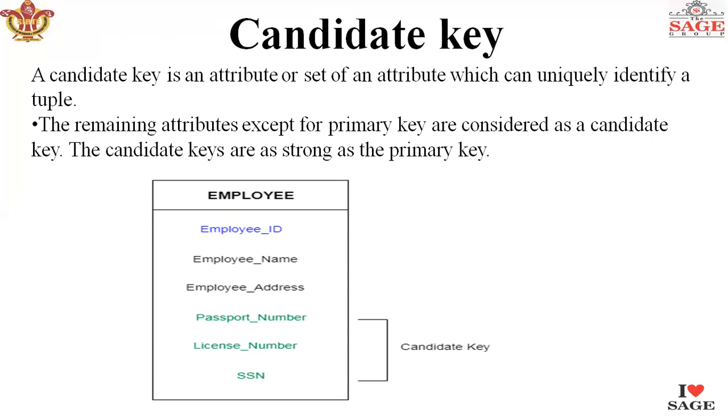The candidate keys are as strong as the primary key. So in the employee table, ID is the most suitable for the primary key, and the rest of the attributes like SSN ID, passport number, and license number are considered candidate keys in this table. So this is the candidate key.